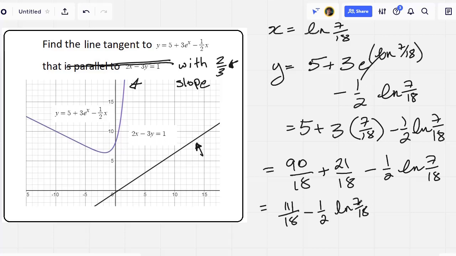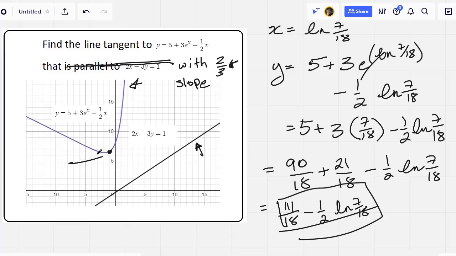Okay, so what is that? That's the y coordinate for the point on the curvy curve that we're interested in. Let's suppose that point is right around there. We can now label it.